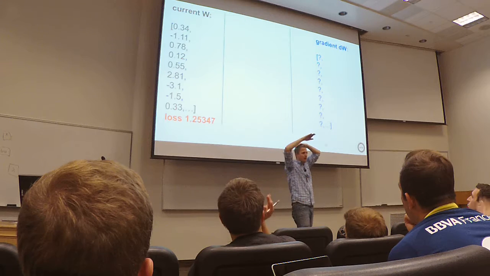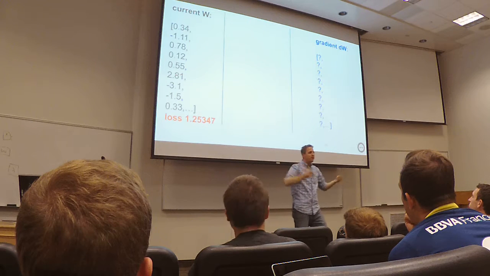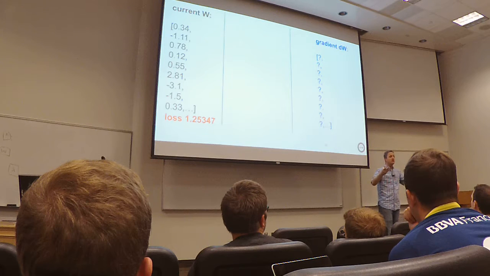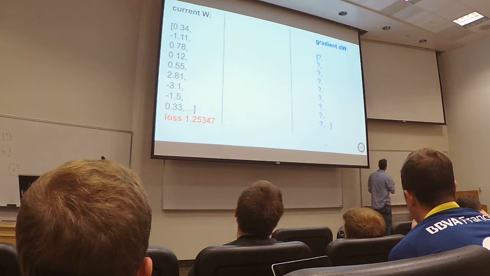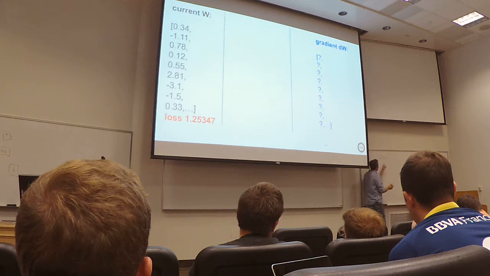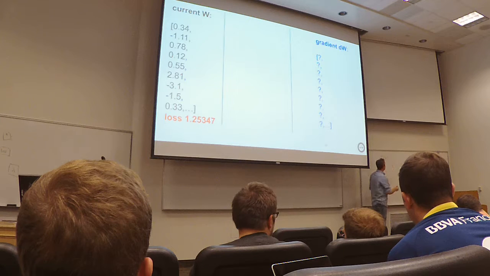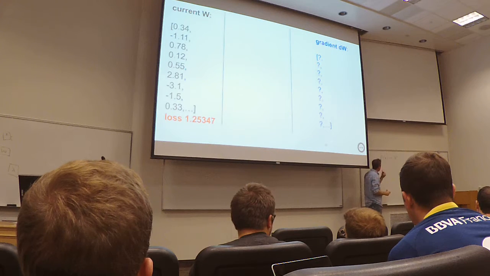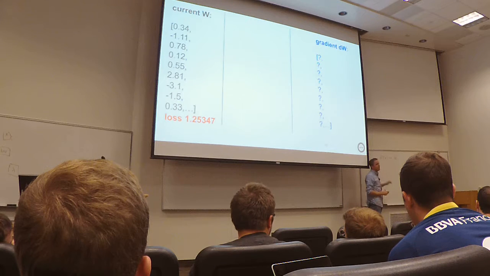I'd love to hear. Okay, a couple of you, but not very many. The idea of numerical differentiation is to rely on the definition of a derivative. Let's imagine we have some function f of x that takes an x as input and gives us some number back out, and I would like to calculate the derivative of this function.